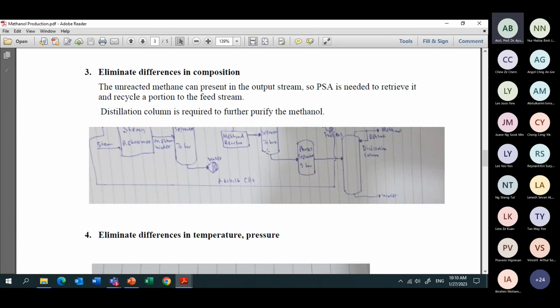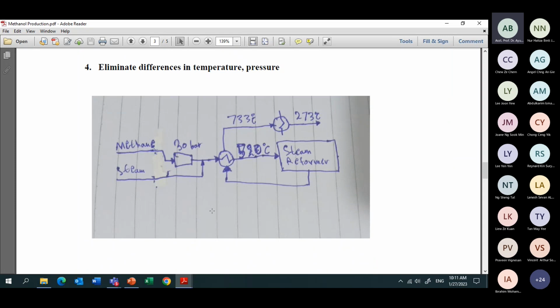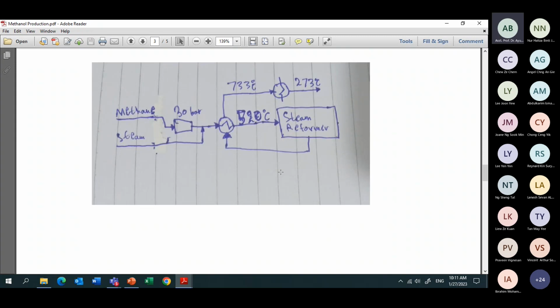You have a few separation units over here. Okay. TP phase: methane and steam, compressor to increase the pressure. Then this one is heat exchanger to increase temperature. Cooler to reduce the temperature. Okay, good.